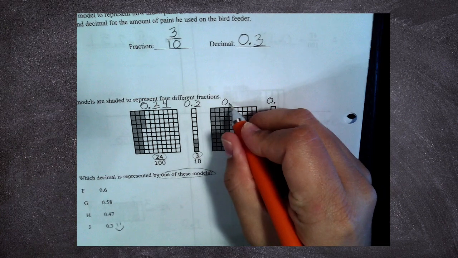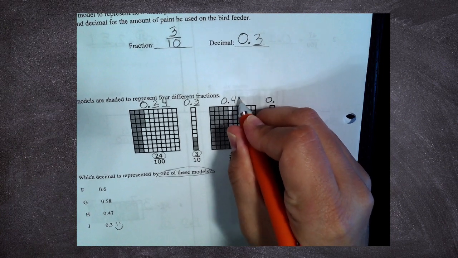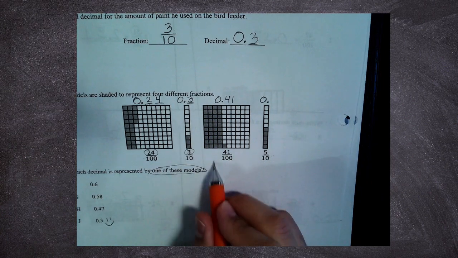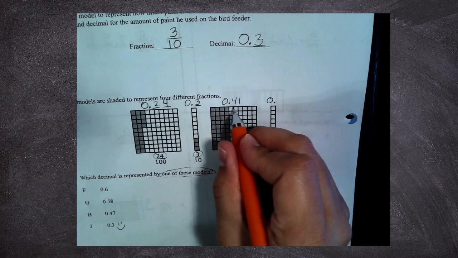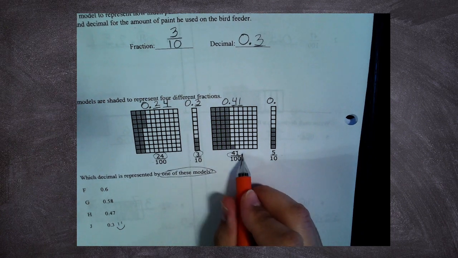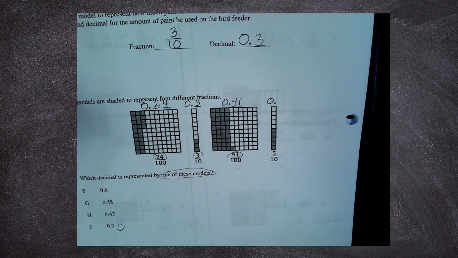Okay, so it would be 0.41. Got the 100 as my denominator, so I know that there are two place values. And the good thing is I have two digits. Haley, do I have any answer choices that match that decimal? No. So they don't match that.